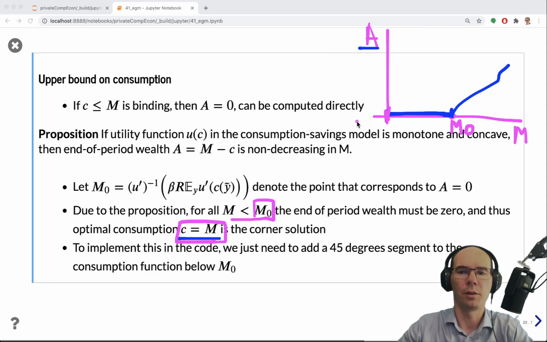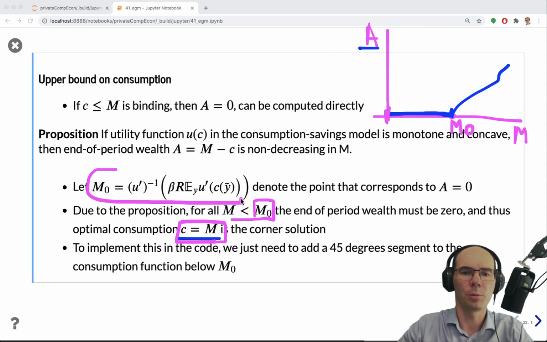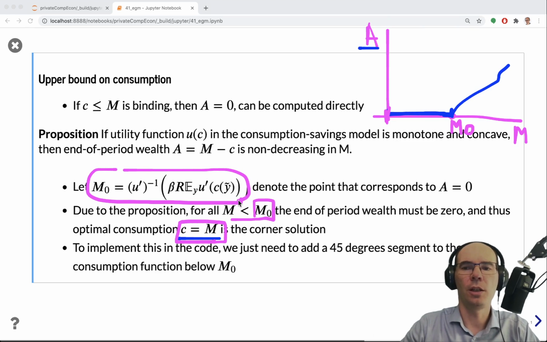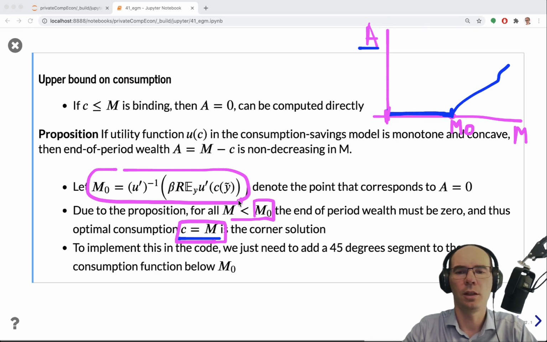Well, assuming that wealth is not negative. And this is given by the analytic formula, essentially. Right? So EGM, unlike any methods that use fixed grid over m, is able to pinpoint with high accuracy the point m naught where the credit constraint becomes binding. And this is essentially a credit constraint, right? You cannot borrow to consume more than what you have.